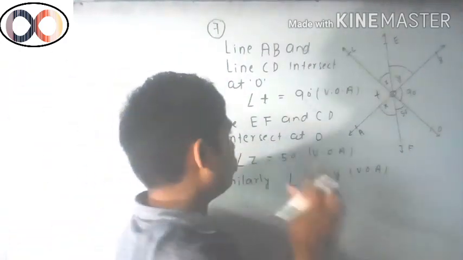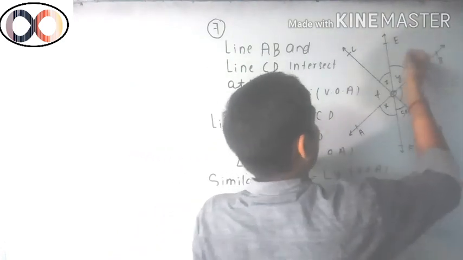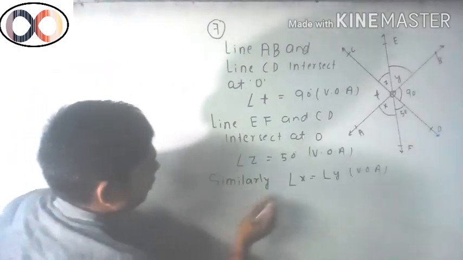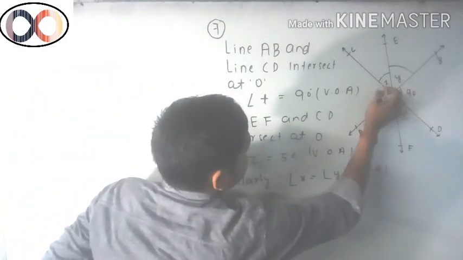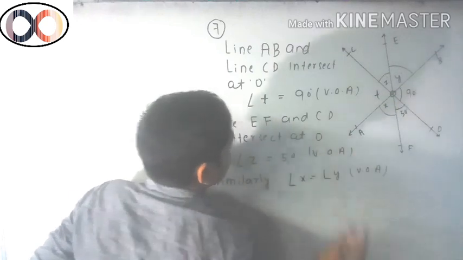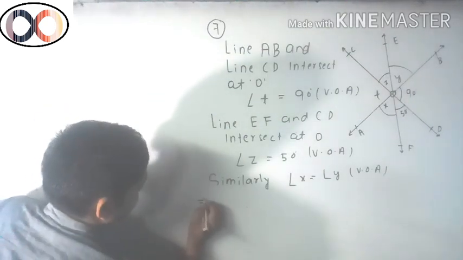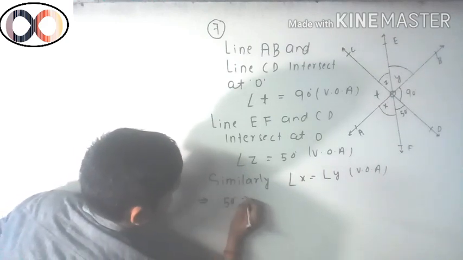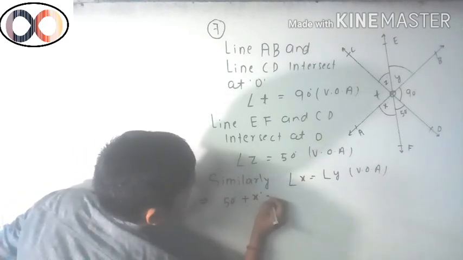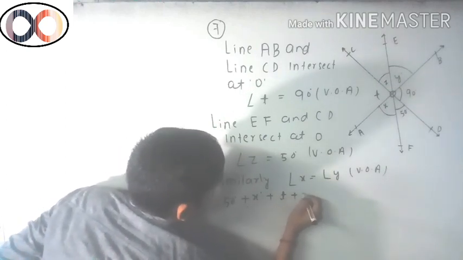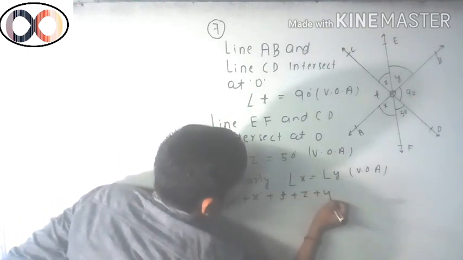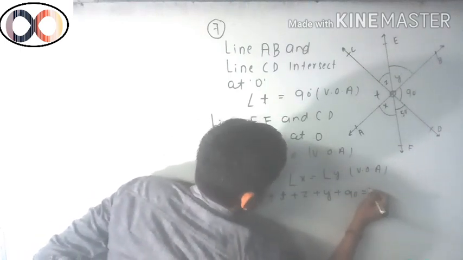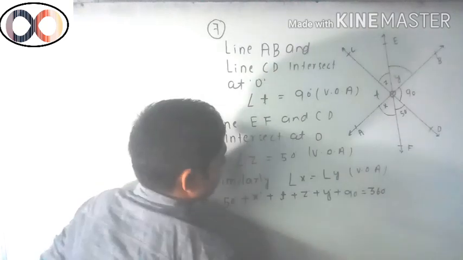Now we can add all of the angles. We can write x plus t plus z plus y plus 90 plus 50 equals 360 degrees. This is due to the complete angle.